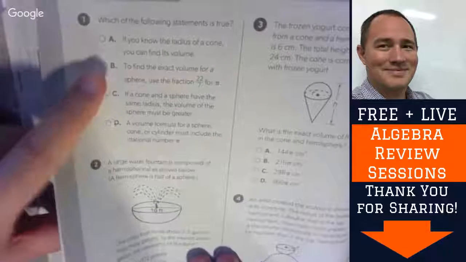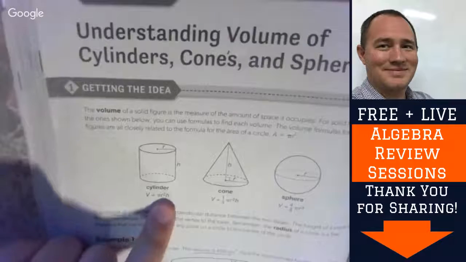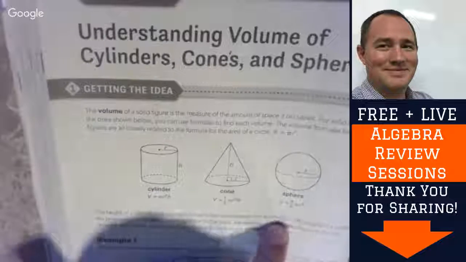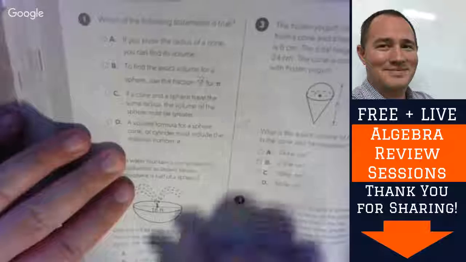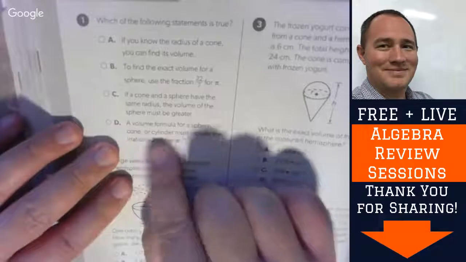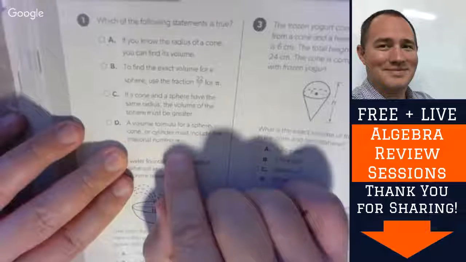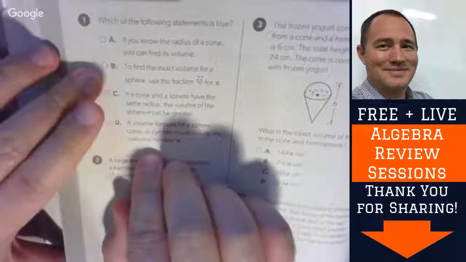Well, you tell me, for a volume of a sphere, a cone, or a cylinder, are there any of these that do not rely on having pi in the formula? They all require it. So that is correct.